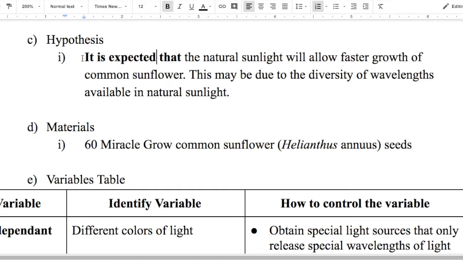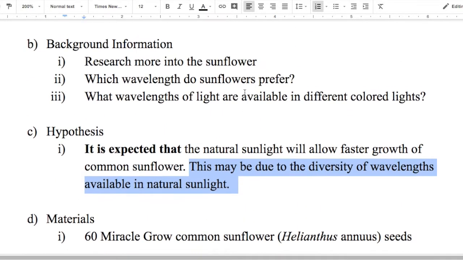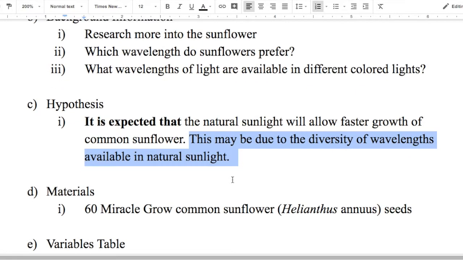So, for example, I wrote, it is expected that the natural sunlight will allow faster growth of common sunflower. This may be due to the diversity of wavelengths available in natural sunlight. So as you can see, the first part is my hypothesis, and the second sentence should be justified by the background information, and this sentence gives more depth.